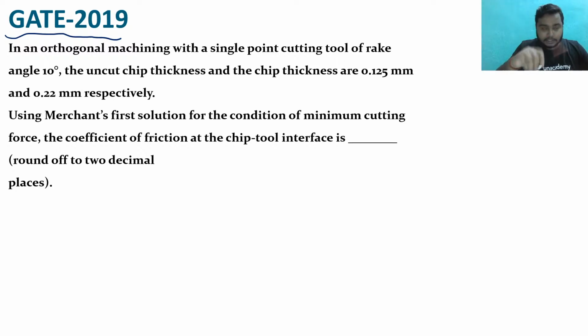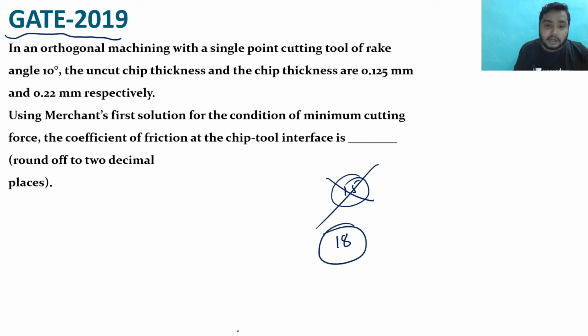See, in manufacturing, what I have felt from my experience, if you really want to score good marks, I'm not talking about scoring 15 marks. I do not care about 15 marks. If there are 18 marks from manufacturing, I want every single mark from that subject.